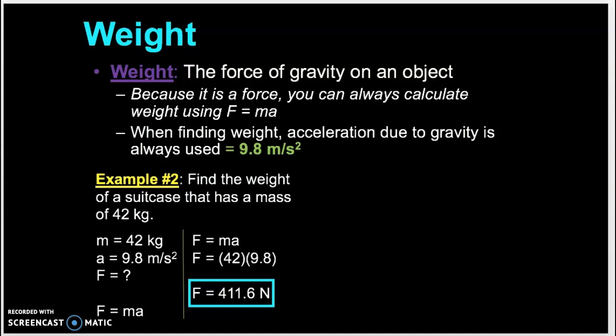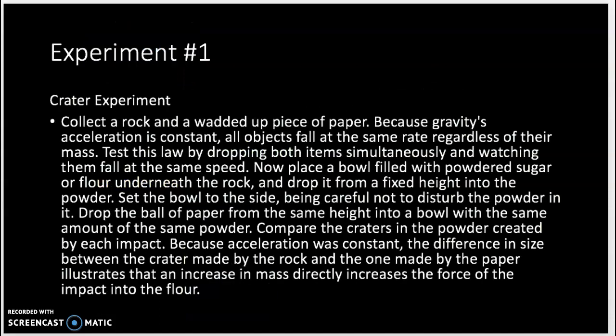So our formula equals force equals mass times acceleration. We multiply the 42 times the 9.8, and we get 411.6 newtons. So that's how, if you're finding weight of something and it does not give you acceleration, you know that you're using gravity.